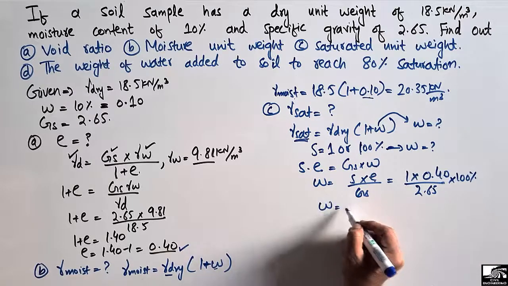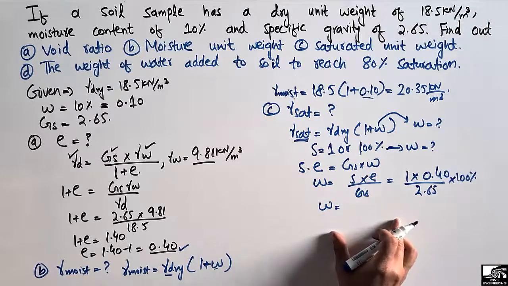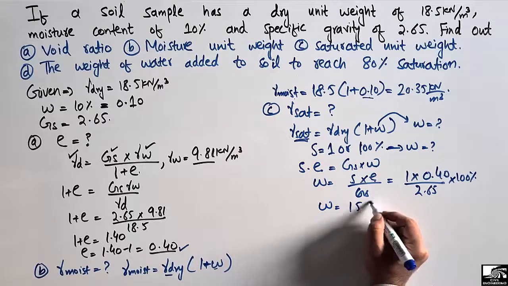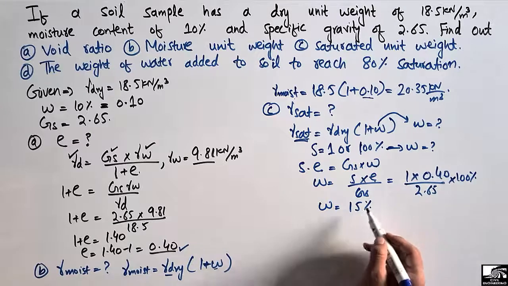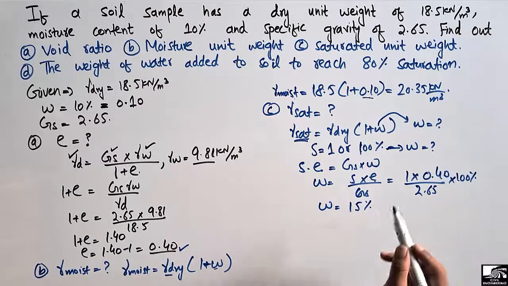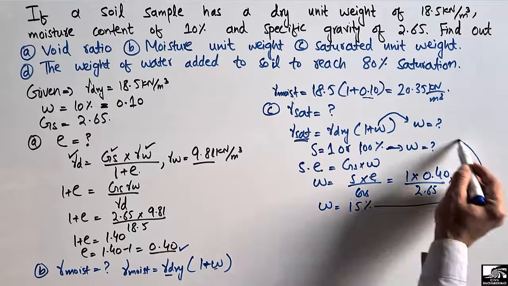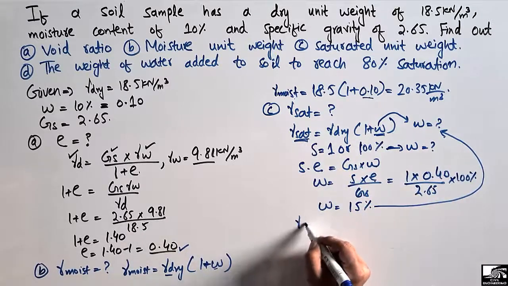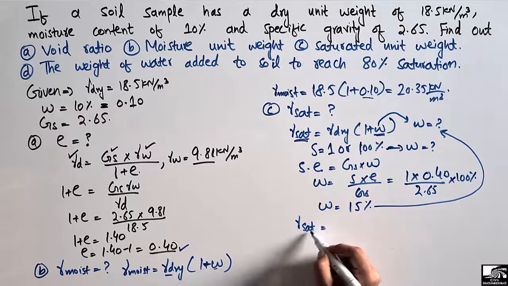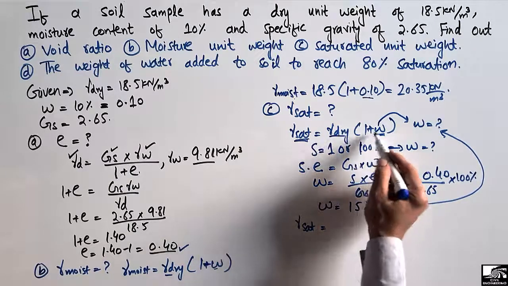So the water content for a saturated soil comes out to be 15% by multiplying these values. So now we have found the water content for a saturated soil is 15%. Now we can put this value here in order to find out the gamma saturated. It will be gamma dry into 1 plus w.